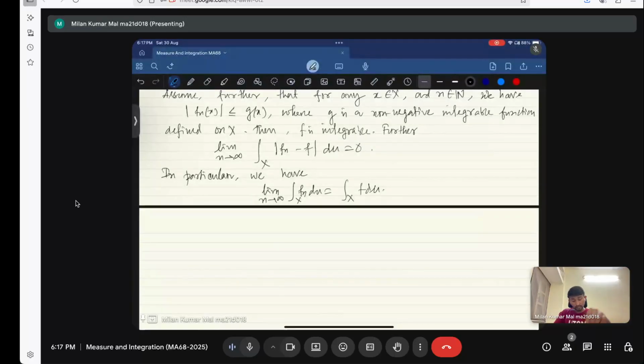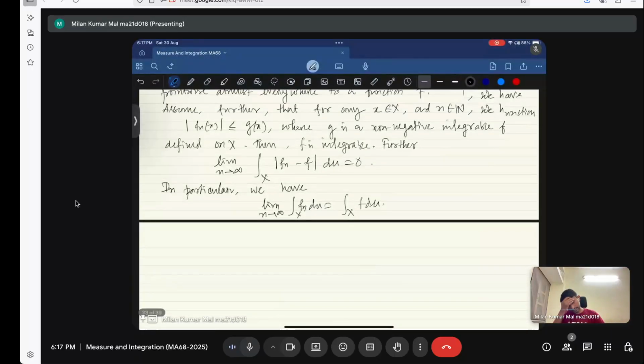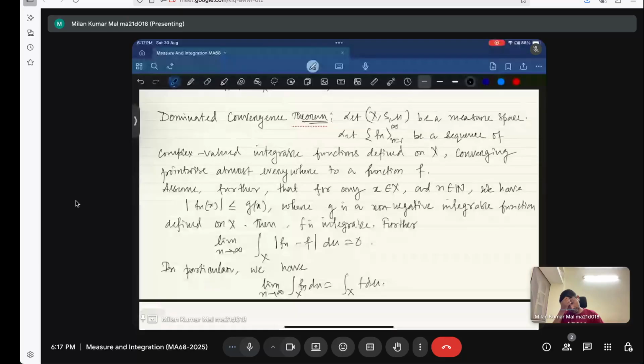First of all, the assumption says that X is a measure space and f_n is a sequence of integrable functions. These two are the assumptions. They converge pointwise almost everywhere to another function f. Now, if I want to prove that the integral of f_n converges to the integral of f, we first need f to be integrable.